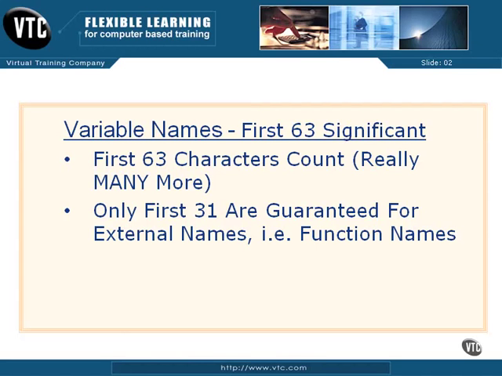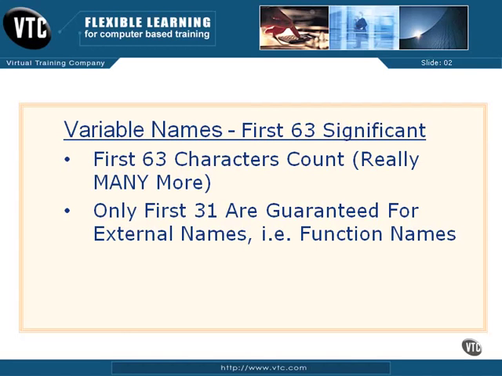In reality, though, today's compilers, for example, the Microsoft C compiler that we're using, will go out 2048 significant characters. If you have a variable name that is 2048 characters, you need to start your programming career over again because there are other issues involved. So as far as the standard is concerned, 63 characters count, but there's really many more.